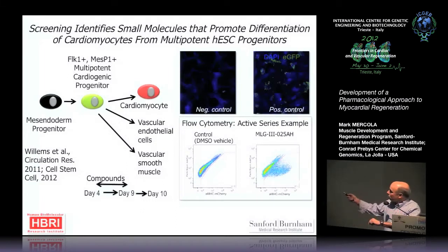And you can see here views from a high throughput microscope screen where, in this case, GFP indicating cardiomyocytes have appeared in the dishes. These are human embryonic stem cell derived progenitors. We make them in bulk at this point, put them in 384 well plates, add compounds for a short period of time, come back a little bit later, and we look for cardiomyocytes. And if you take one of the hits, you can see by flow cytometry when you do it in bulk culture that you can induce cardiomyocytes.